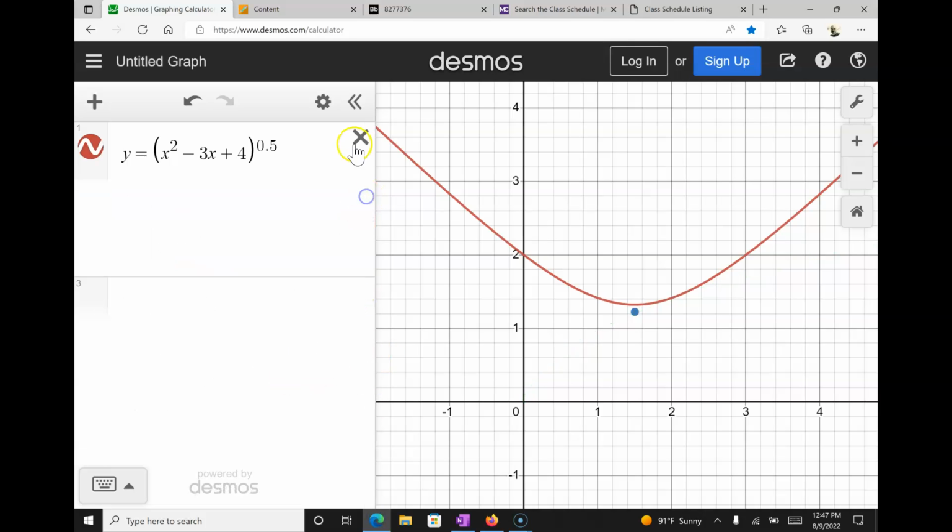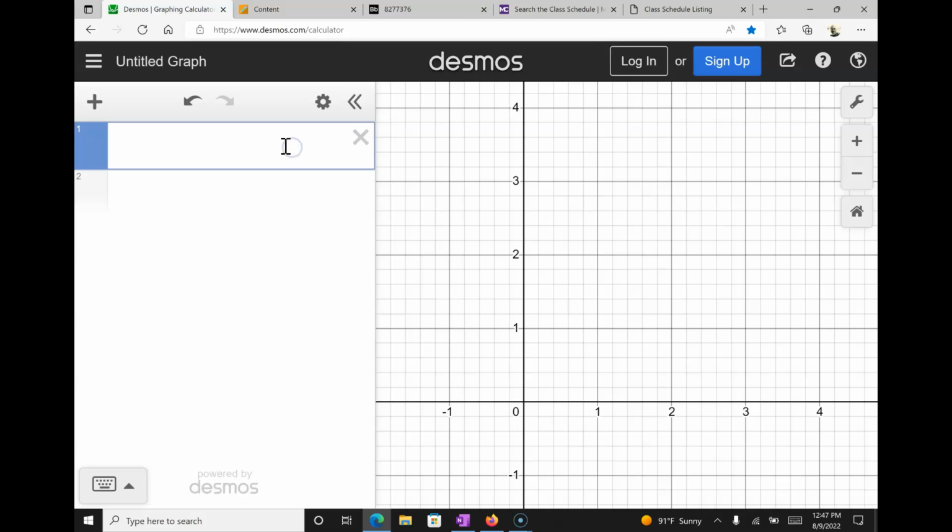You should try this at least once with me before you go home. I'm typing int for integral. It prompts me for the lower bound and for the upper bound, and then I'm writing 2x dx. And of course it gives me 4.